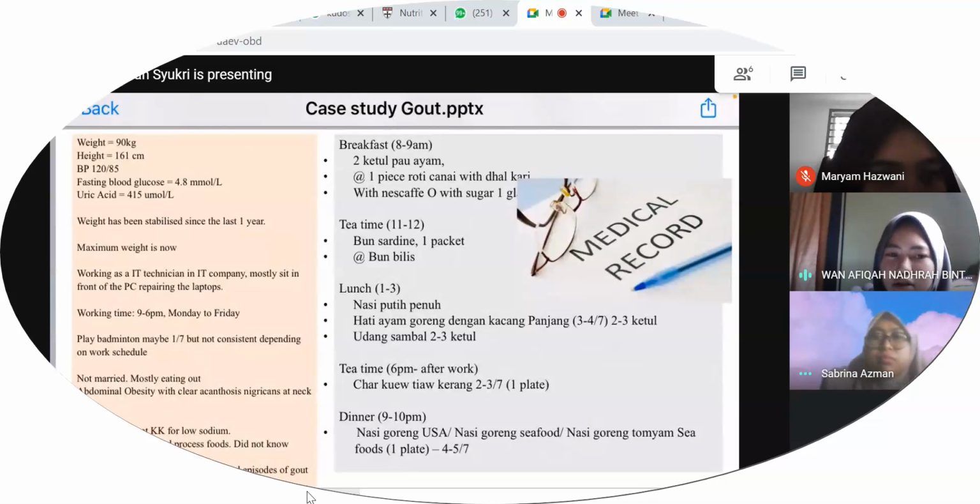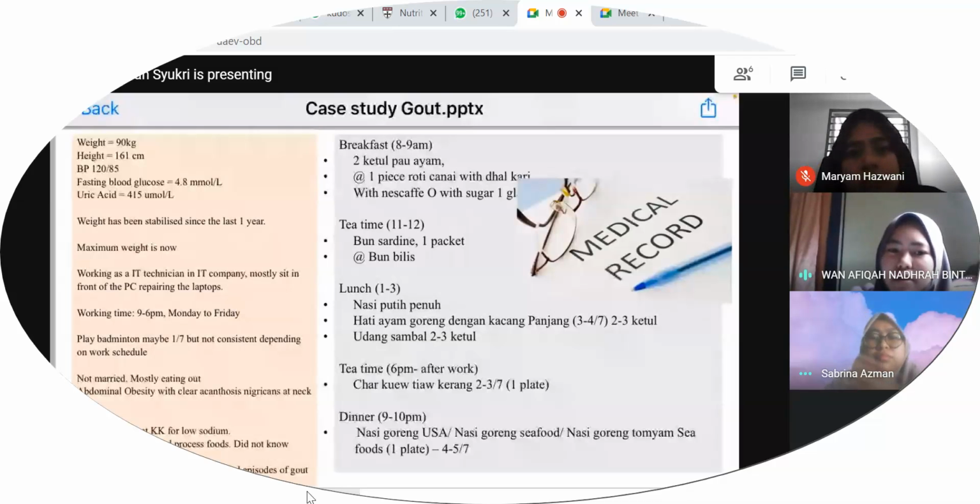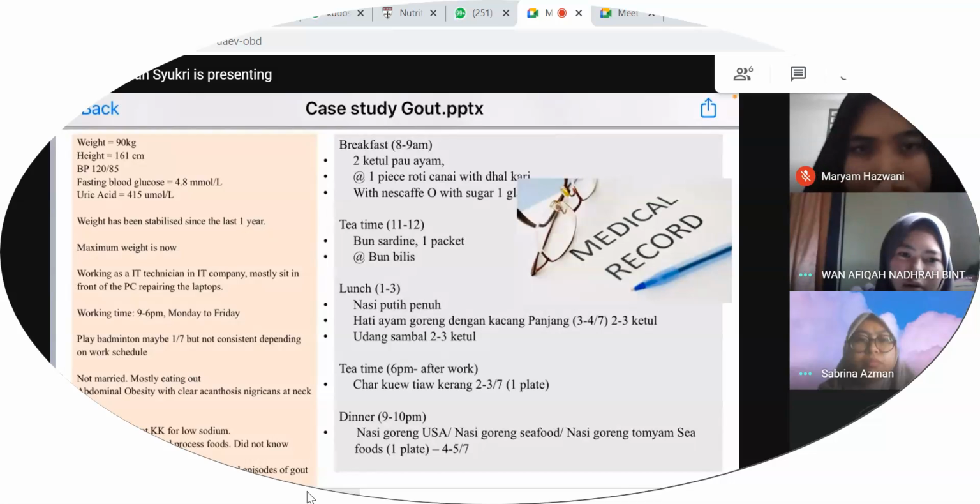And then he also consumes hati ayam, and the frequency is 3 to 4 times per week. And hati ayam is also high in purine, and he also consumes a lot of seafood in his meals, almost like for lunch, tea time, and dinner. And seafood is also high in purine. Good.